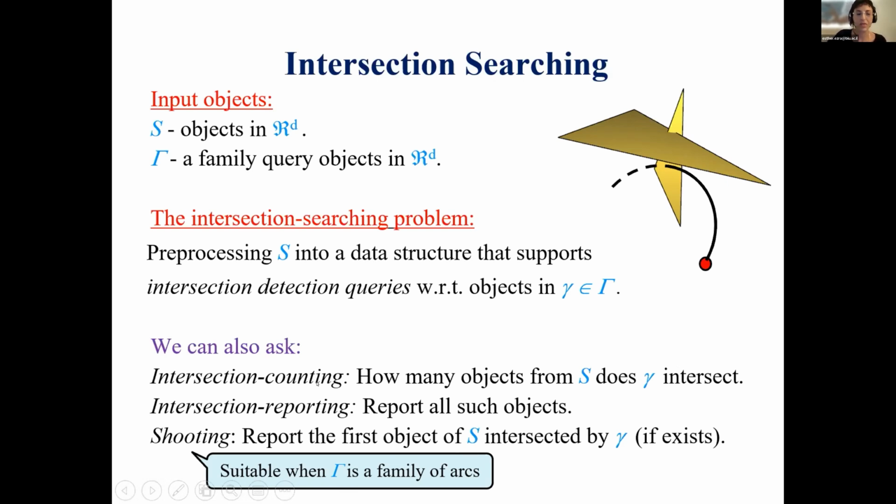This is intersection reporting, or shooting, that is, reporting the first object of S intersected by gamma if it exists. This is more suitable when gamma is a family of arcs. And there is another version, intersection emptiness, or just intersection detection. That is, you would like to detect whether gamma intersects any of the objects in S.